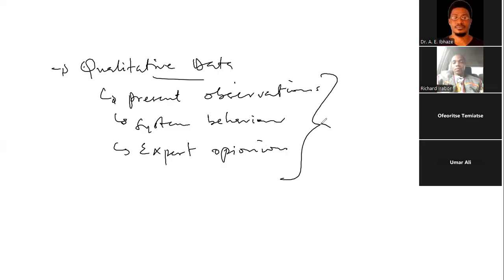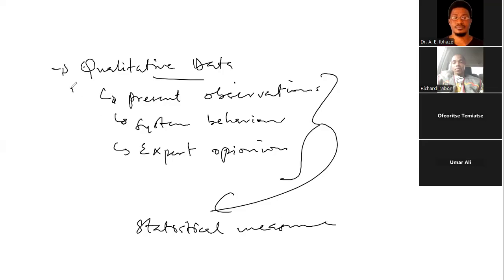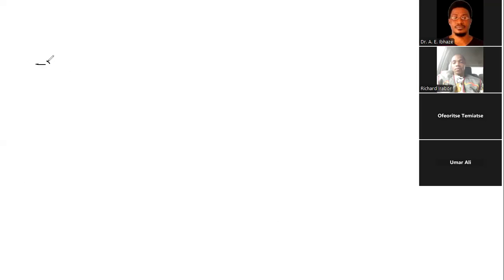And we can equally pull off the statistical measure of these data sets. Okay. And then still under this categorization, we now want to look up the graphical and tabular representation of these results.